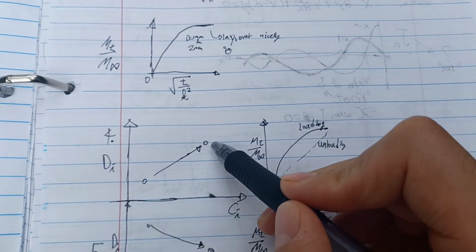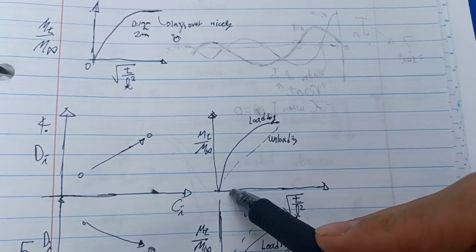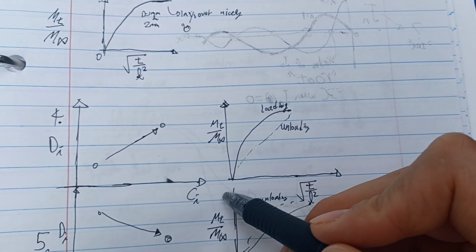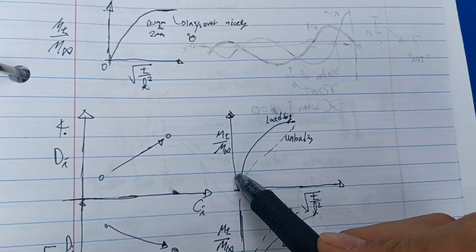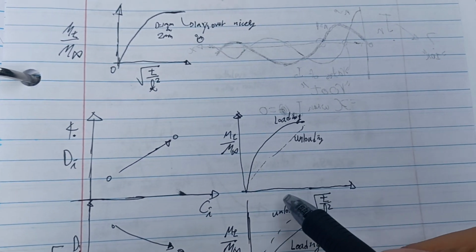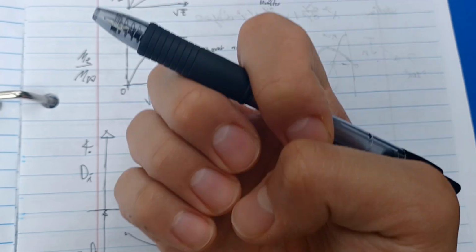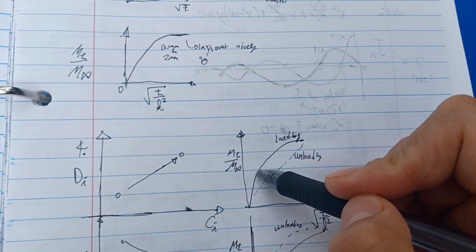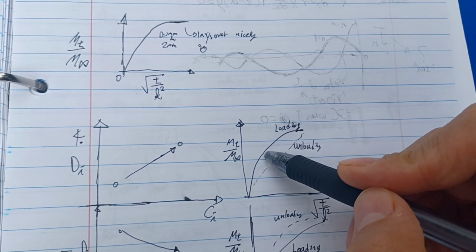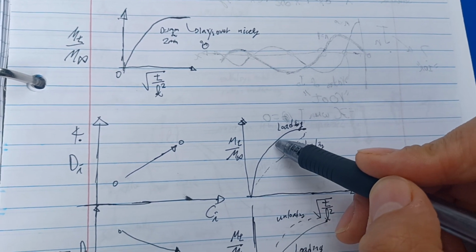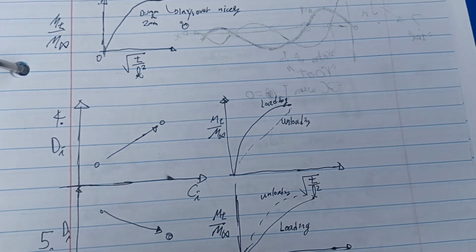So that's what we're really saying. And so this is a loading phase, and the concentration will accumulate as time goes on. The hydrogel will absorb more and more water, and the diffusivity increases, which means the rate increases. So it goes faster and faster, until it reaches steady state.